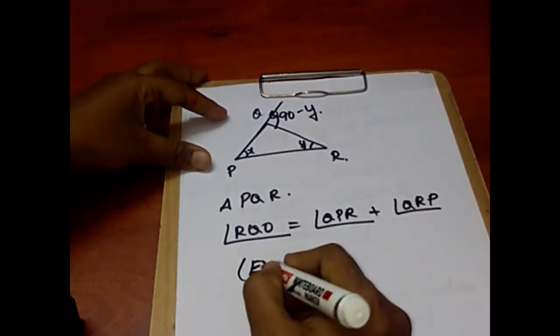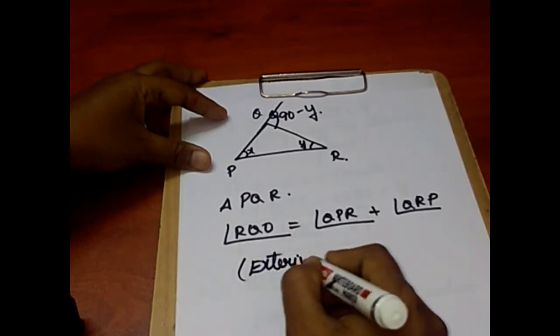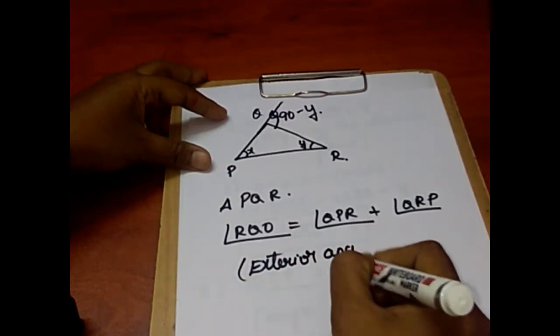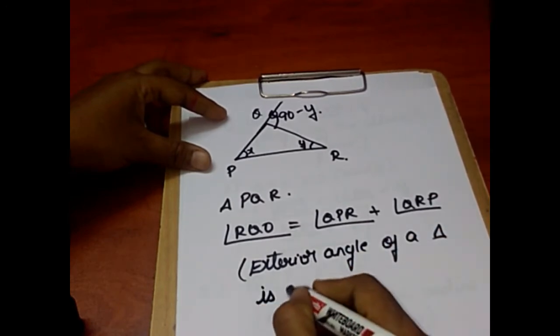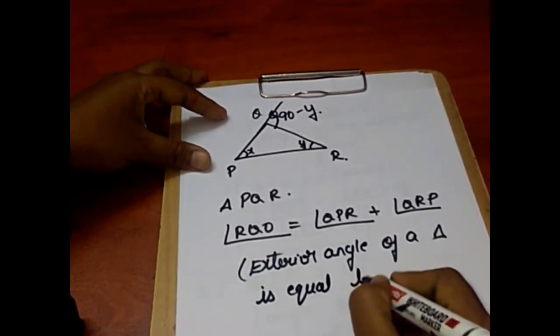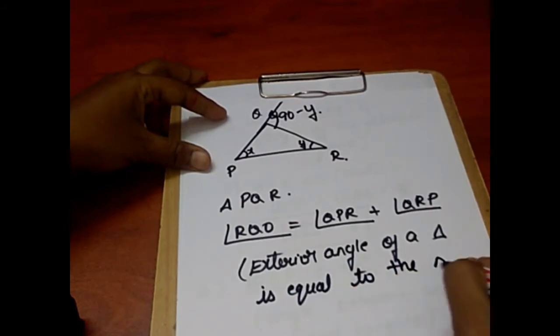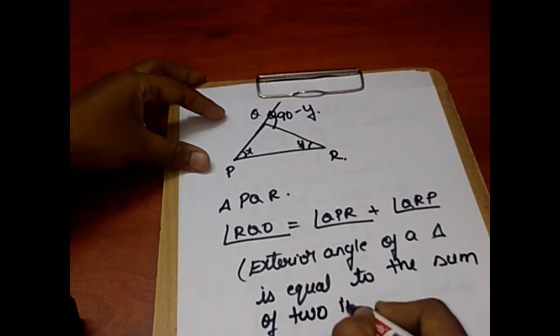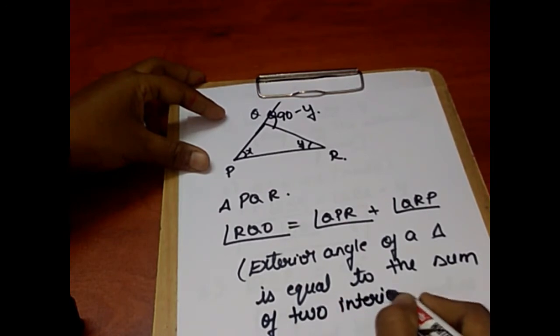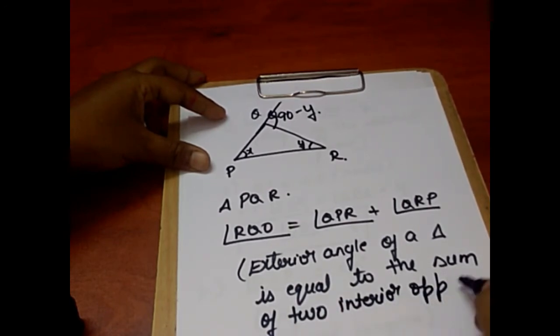Reason: exterior angle of a triangle is equal to the sum of two interior opposite angles.